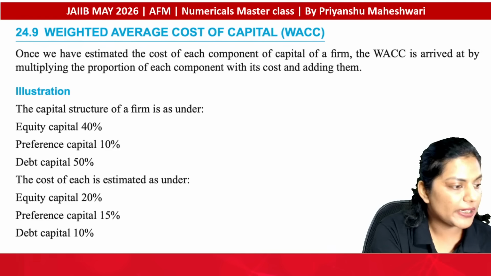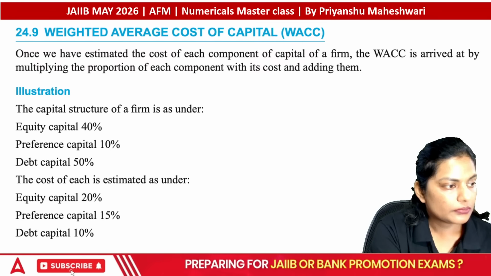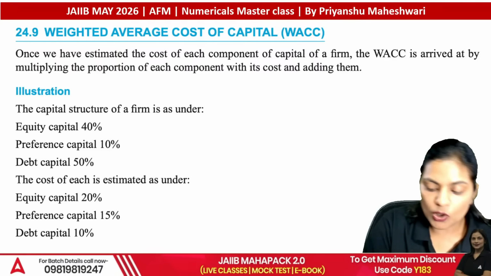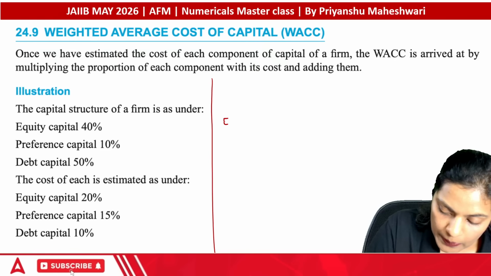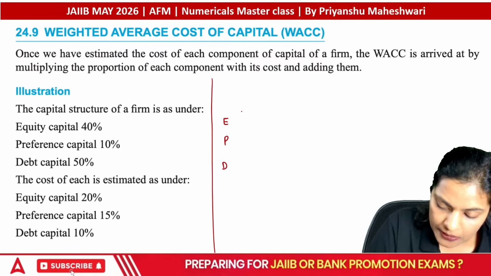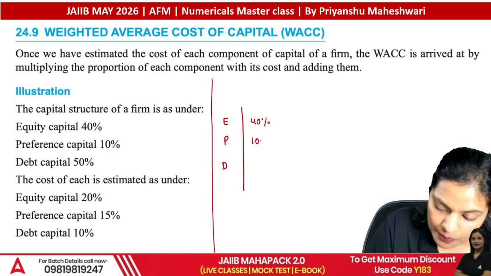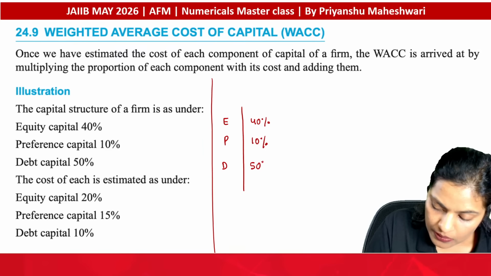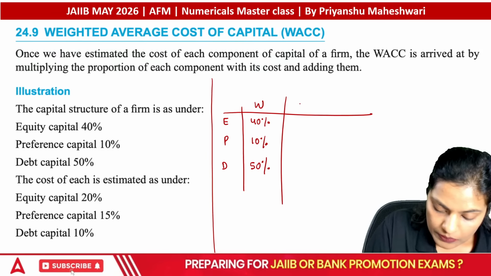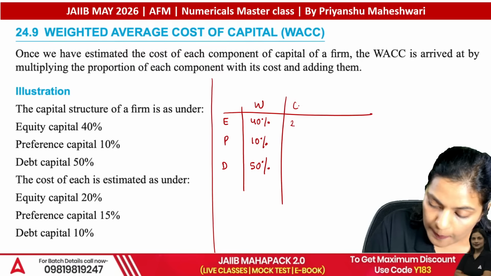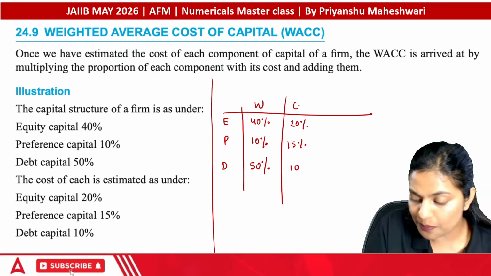Now, we have to calculate weighted average cost of capital. How do we calculate weighted average cost of capital? Equity, preference, debt: 40%, 10%, 50%, right? This is the weightage or proportion. This is the cost: 20%, 15%, 10%.